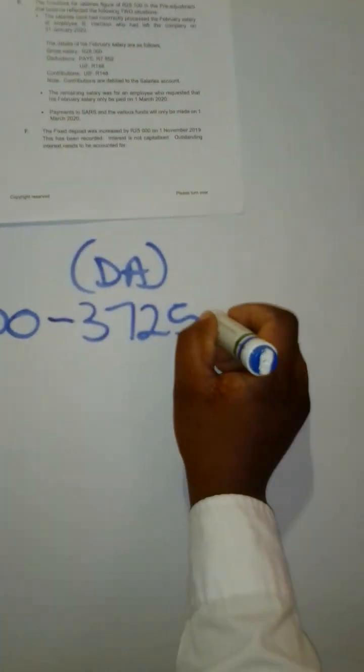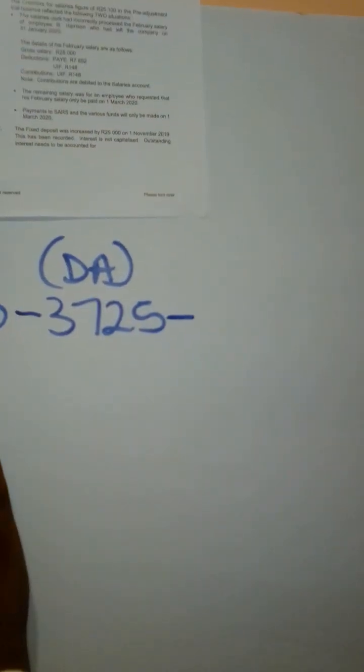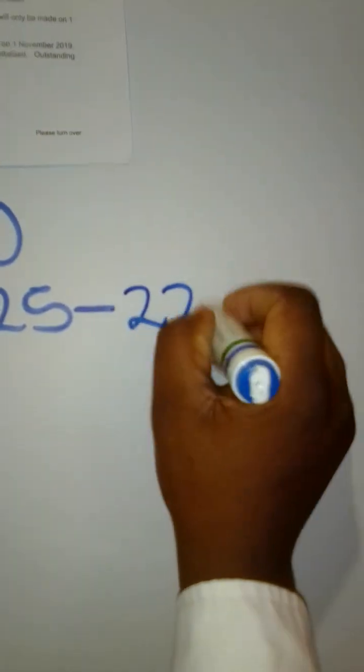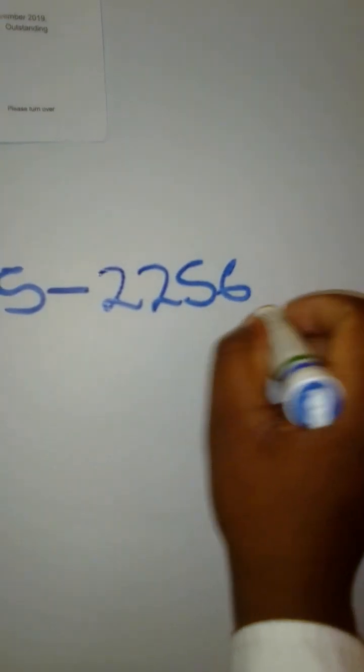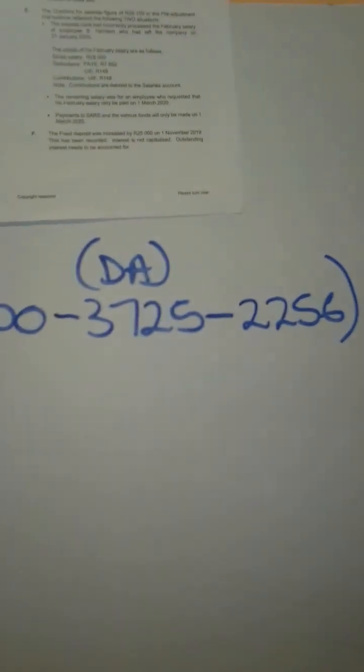So the 2,256 is going to decrease our sales again because they say that a credit note was issued, these goods were returned. So we are also going to decrease our sales by 2,256. And then after that, I'm sure we'll get the amount that we really do want for ourselves.